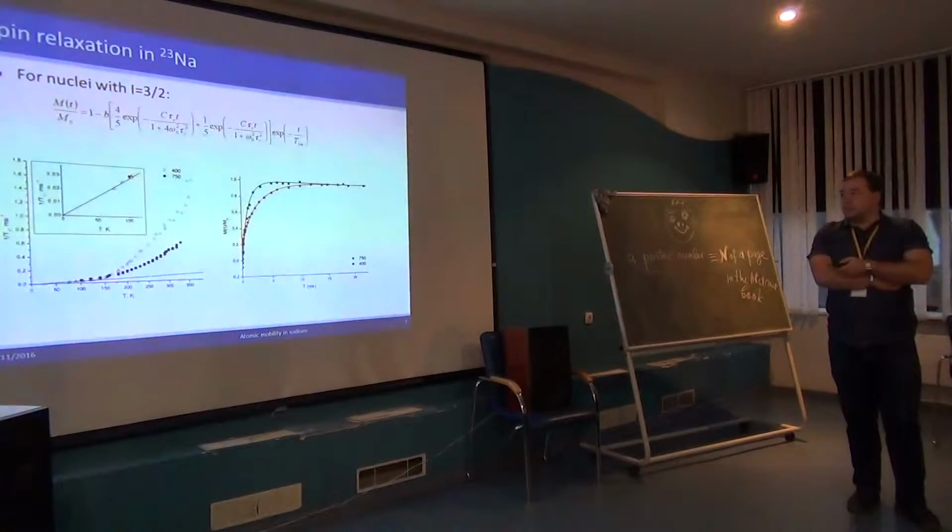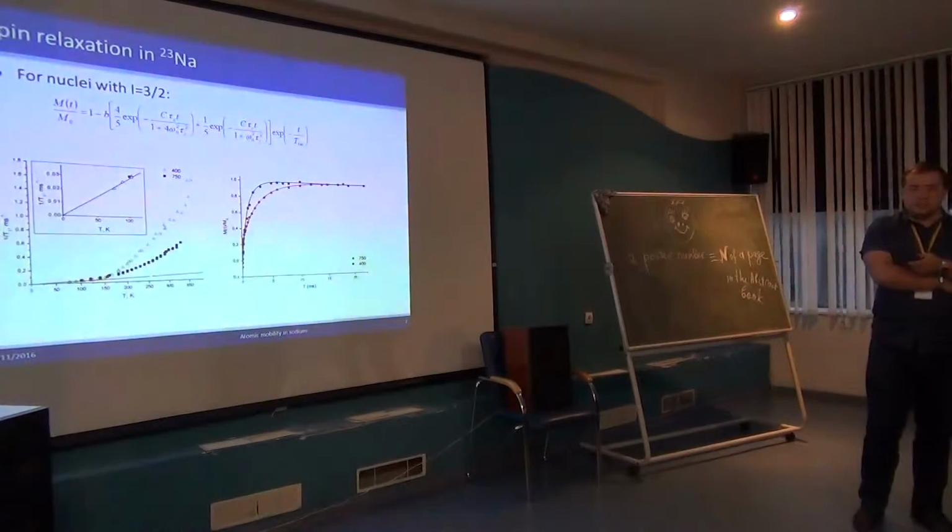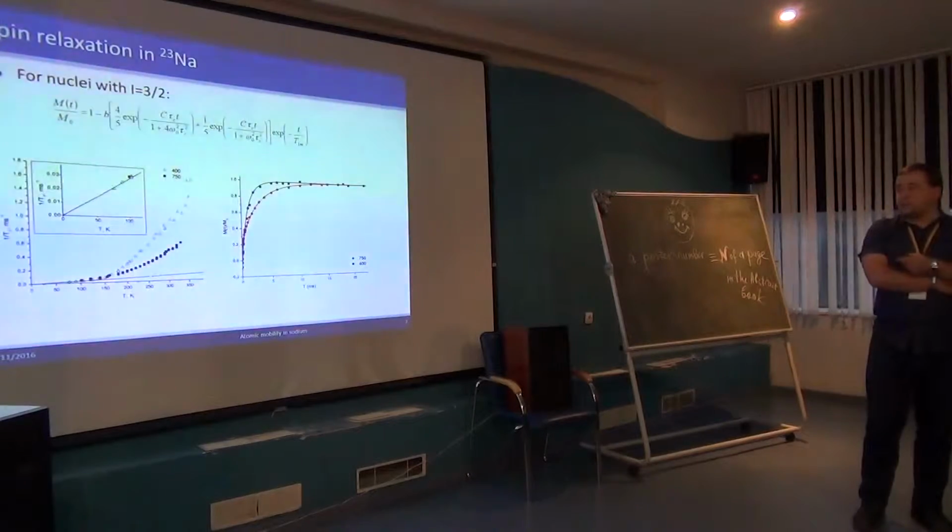and we obtain the same correlation time, the same magnetic contribution to the relaxation, but the relaxation times relate as the gyromagnetic ratio, and yet it's possible to fit the two relaxation curves at the same time. But in the case of sodium, we have only one isotope.